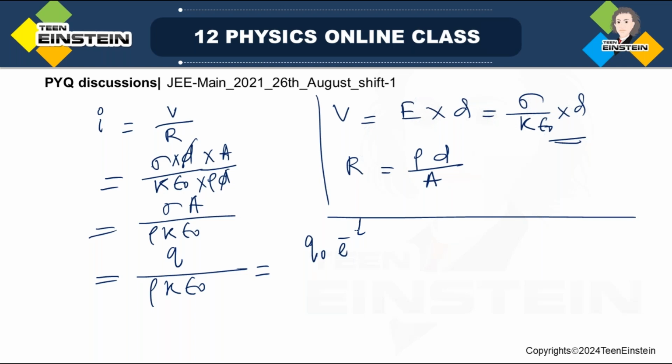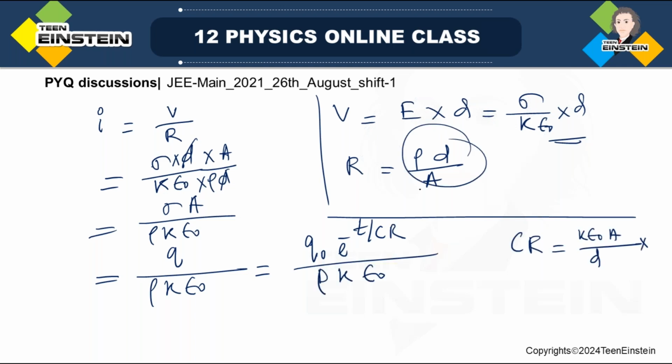Let me find out what is C. C we know K epsilon naught A by D, and write down this R. R is rho D by A. So this A cancels out. This D cancels out. So C into R is eventually going to become rho into K epsilon naught. Okay. So we'll just put it here.